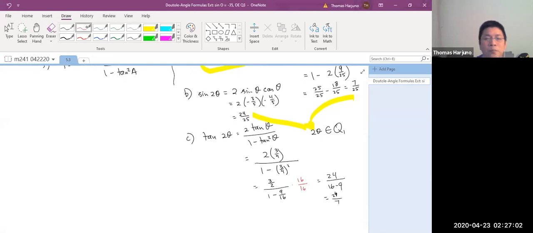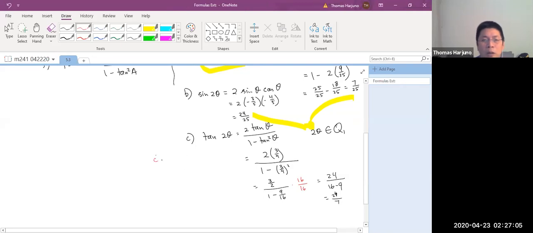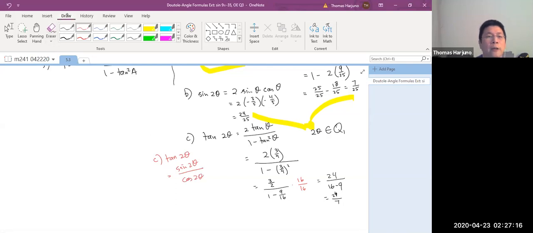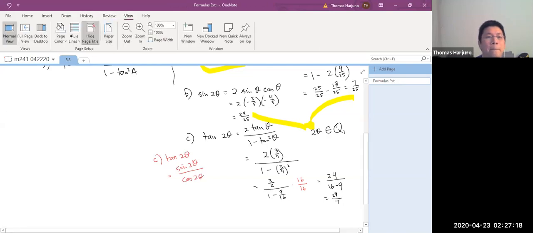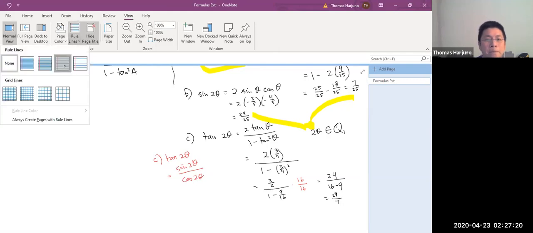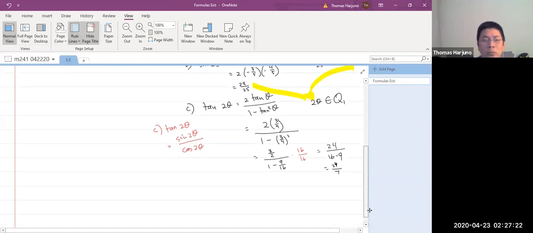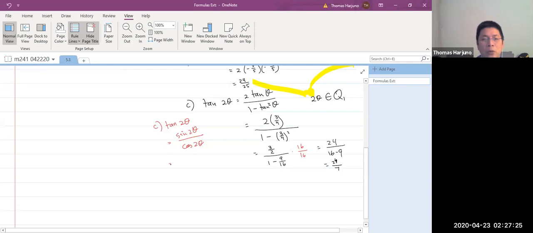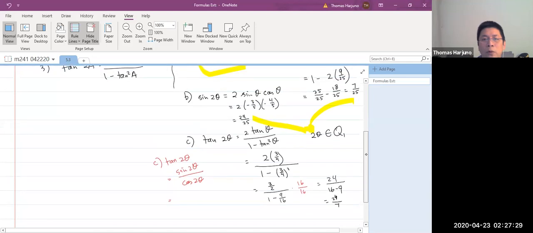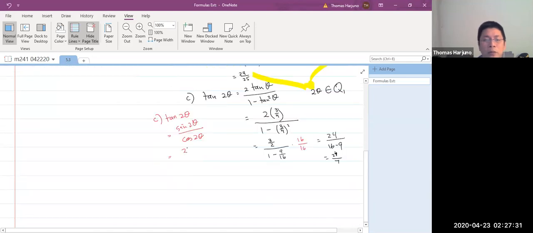Now we can also do part C alternatively by writing it as sine 2 theta over cosine 2 theta. We happen to know them already, right? What is my sine again? Sine 2 theta is 24 over 25.